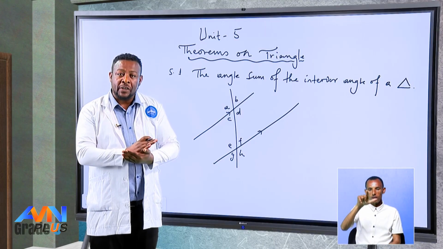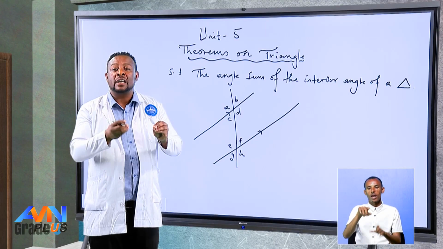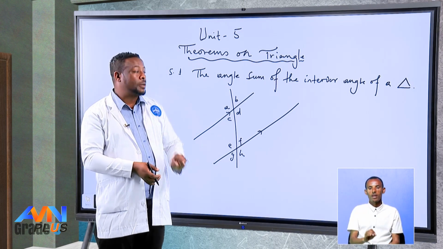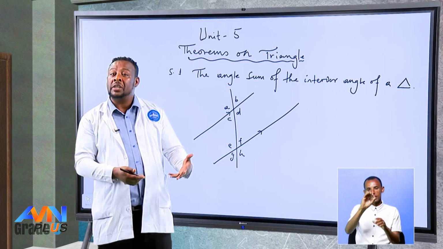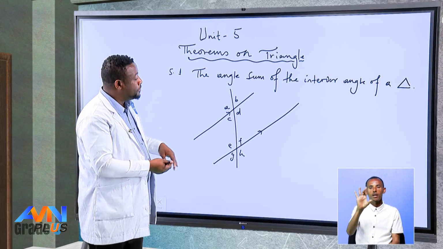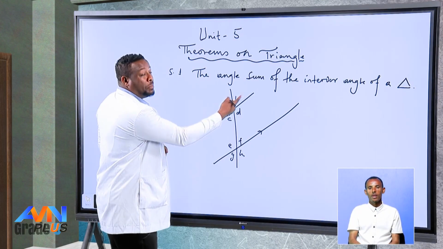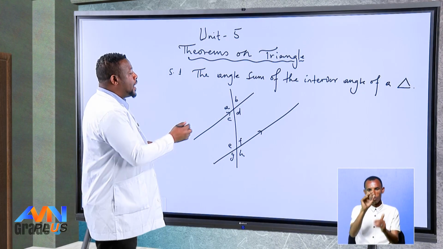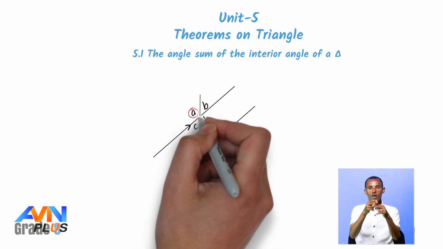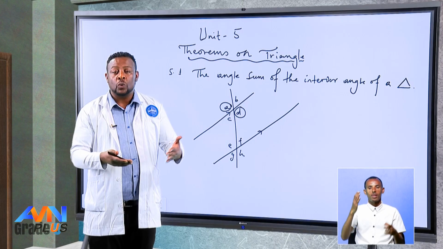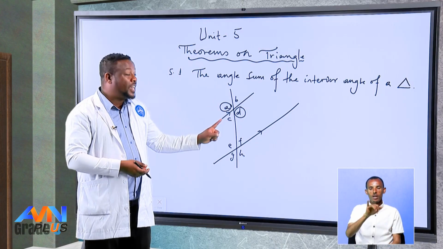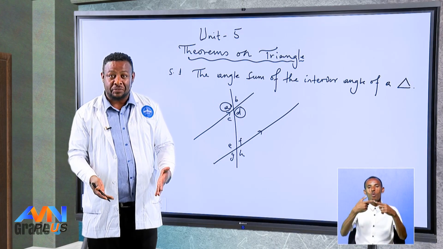Supplementary angles refers to two angles whose sum is 180 degrees. A and D are called vertically opposite angles. Always, vertically opposite angles are congruent. Similarly, B and C are also vertically opposite angles, right?